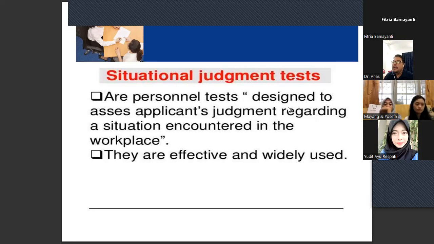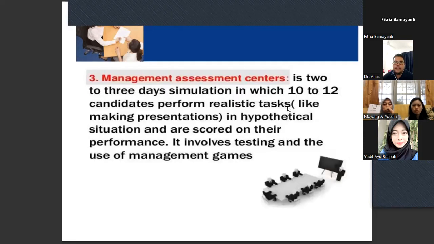Okay, so this is the management assessment center. It is a 2 or 3 day simulation. Next slide. Okay, so this is how the simulation works, in which 10 or 12 candidates perform realistic tasks like making a presentation, a hypothetical situation, and are scored on their performance, involving testing and the use of a management game.